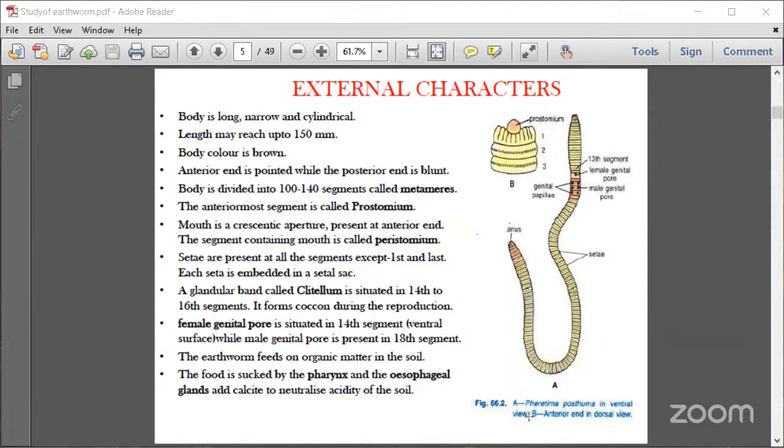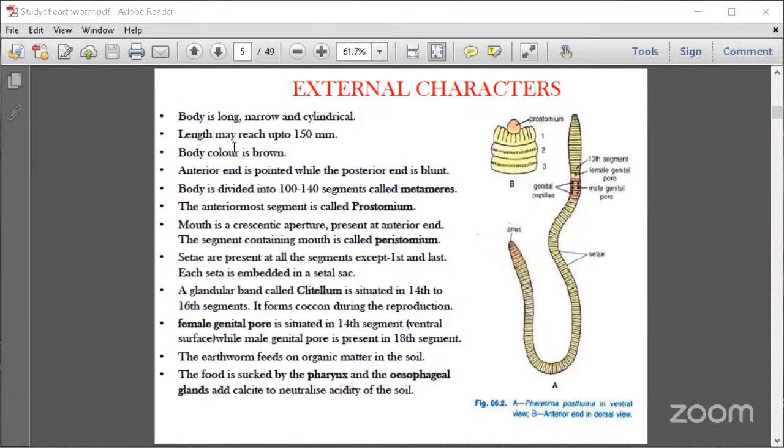As I just told you, this granular clitellum is situated in the 14th to 16th segments. It forms the cocoon during reproduction. The body is long, narrow, and cylindrical in shape.